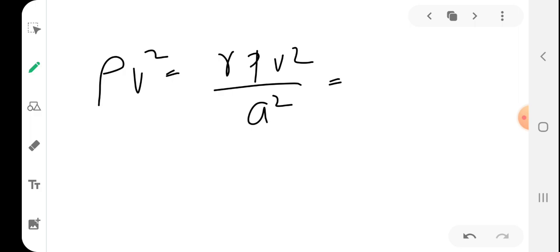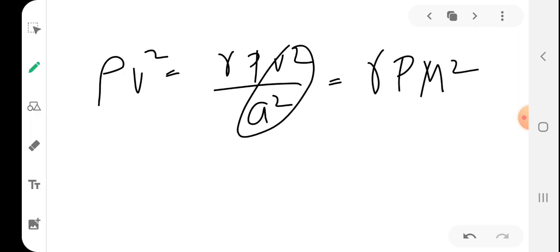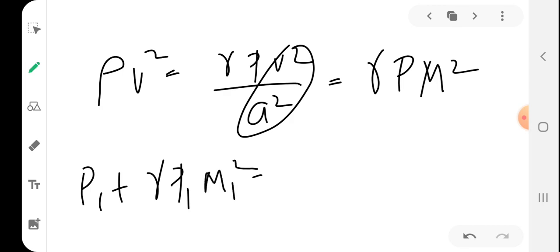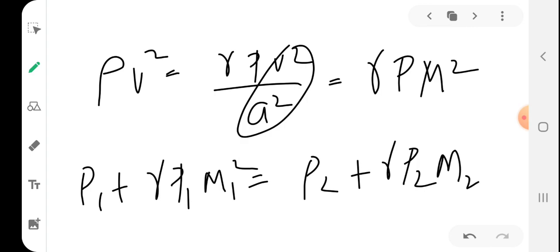V square by a square is nothing but M square. So rho V square can be written as gamma P M square. Therefore, this equation becomes P1 plus gamma P1 M1 square equals P2 plus gamma P2 M2 square.